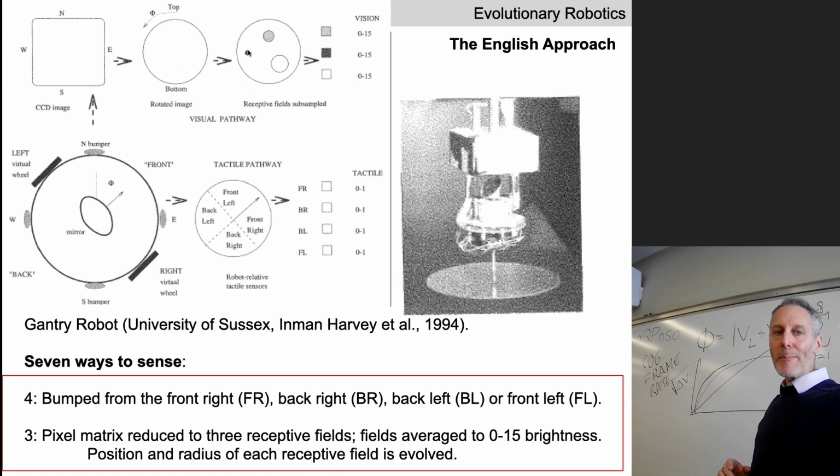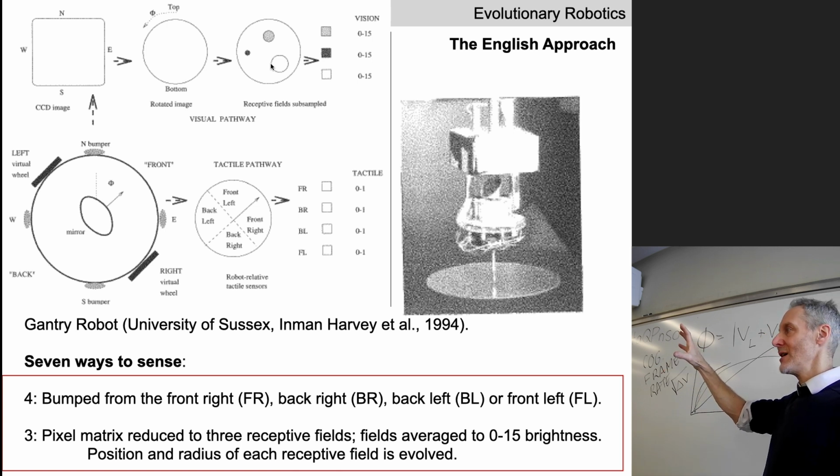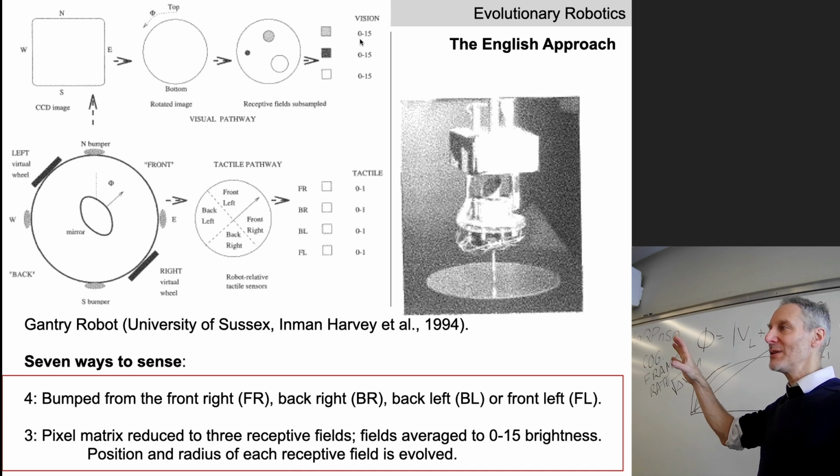And they're then going to drop 3 circles of arbitrary size and arbitrary position into the field of raw pixels. They're going to take the colors of all the pixels inside each of the circles and scale them to grayscale, and then further compress them again into a value between 0 and 15. 0 is all the pixels inside the circle are black. 15 is all the pixels inside the circle are white.